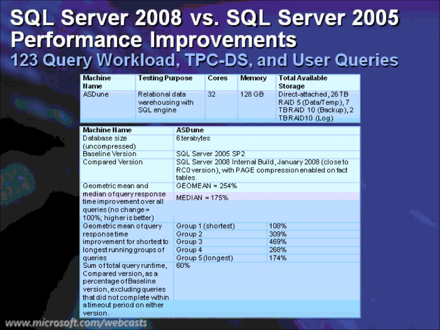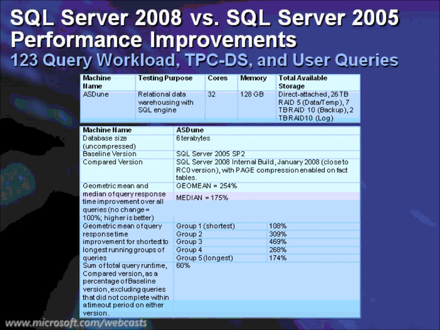We divided the queries up into 5 different groups. We ran the benchmark on both SQL Server 2005 Service Pack 2 and on SQL Server 2008. The groups are 1 through 5, where 1 is the fastest group of queries and 5 is the slowest on SQL Server 2005 Service Pack 2.